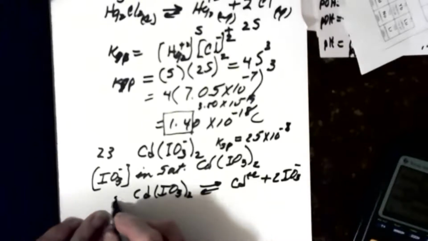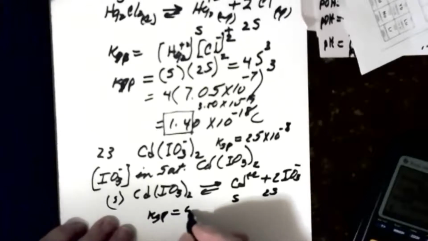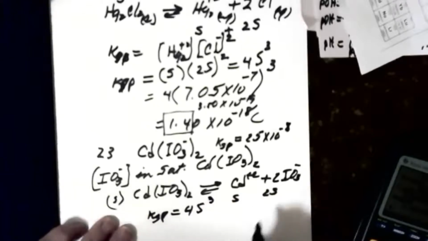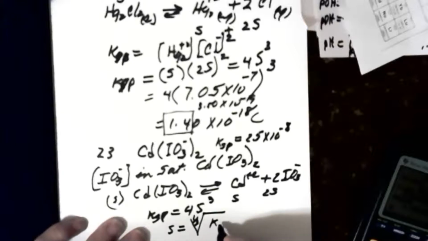If I have S moles per liter of this dissolved, it's going to be S and 2S. Again, we're going to have KSP is 4S cubed, but now we're interested in getting the S. So S is going to be the cube root of KSP divided by 4. So now the order is important. I have to take KSP and divide by 4 and then take the cube root of that.